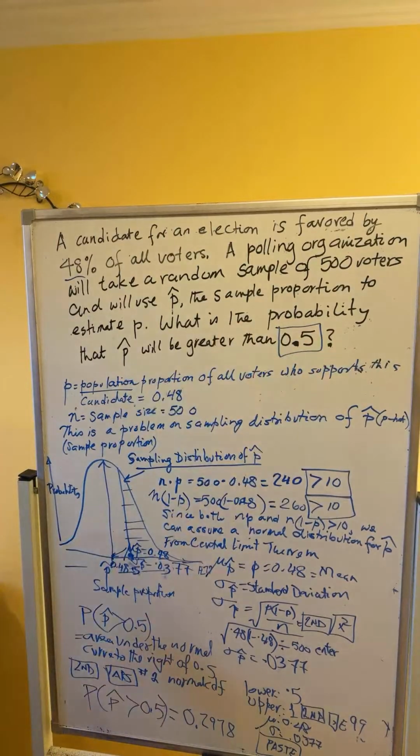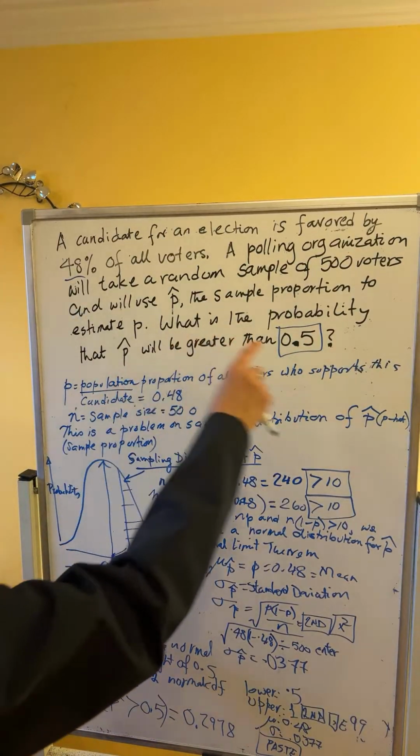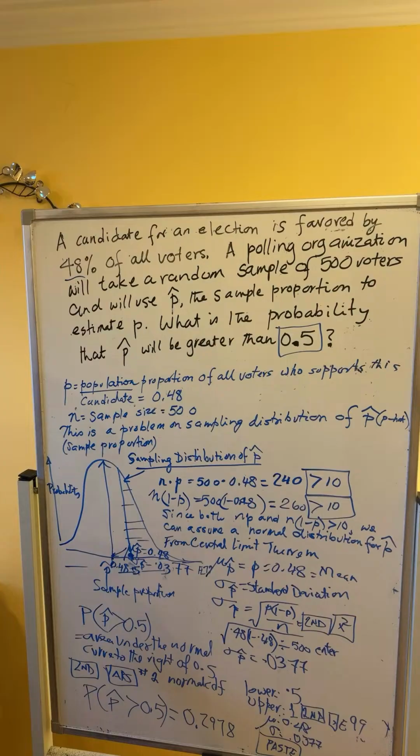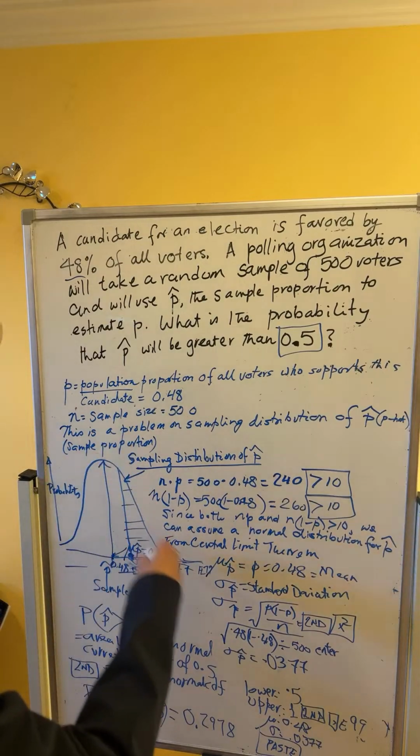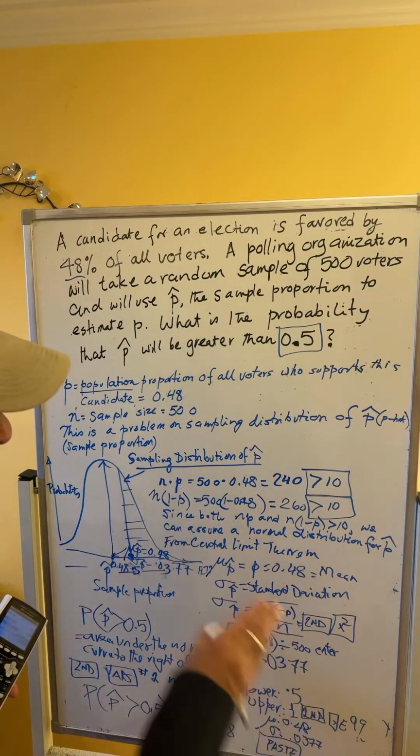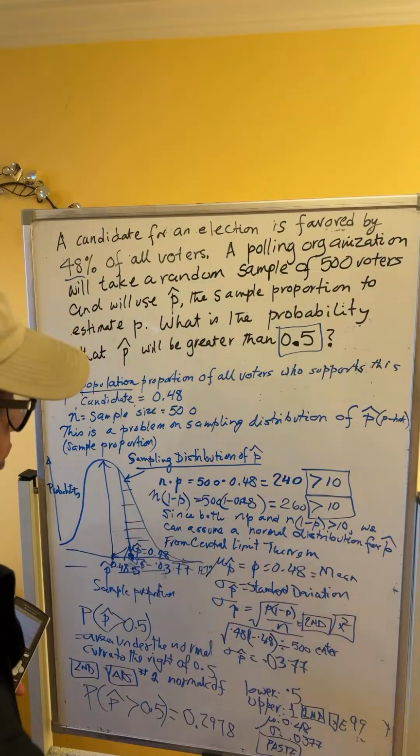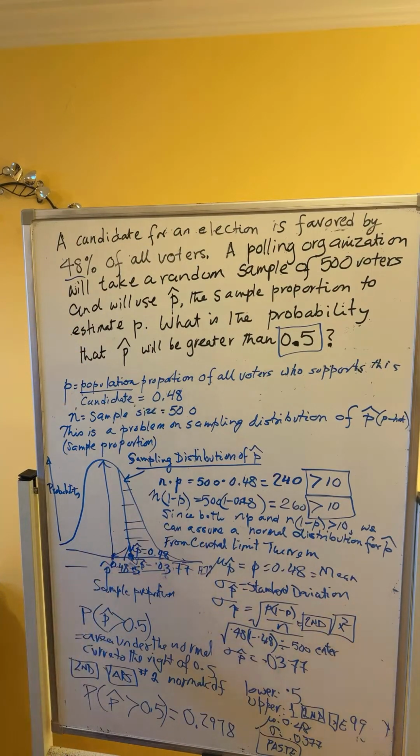Then they ask for what is the probability that P hat will be greater than 0.5. In the sampling distribution, P hat greater than 0.5 means the area under the sampling distribution normal curve to the right of 0.5. So we start our calculation from 0.5, that is my lower.